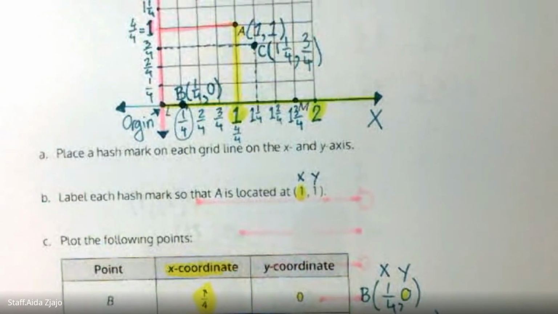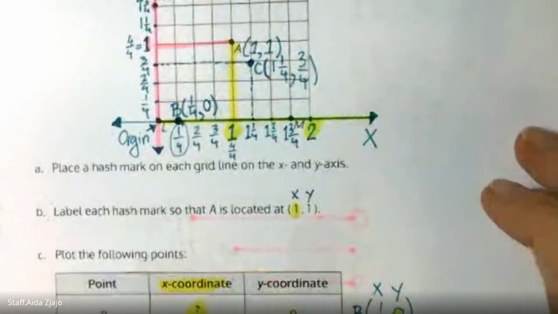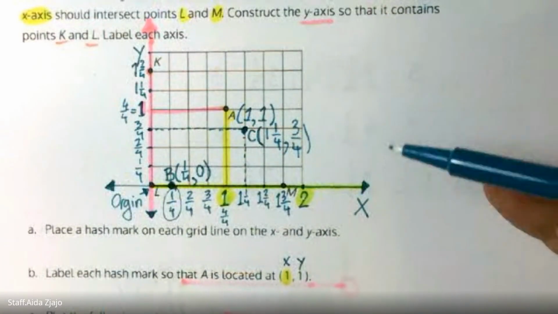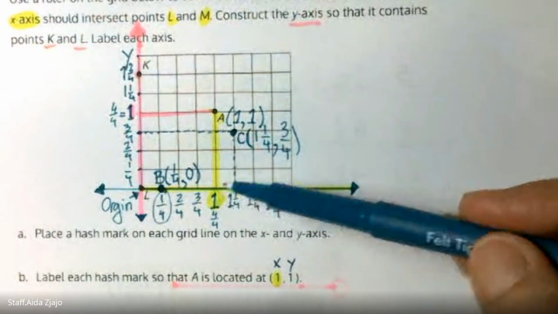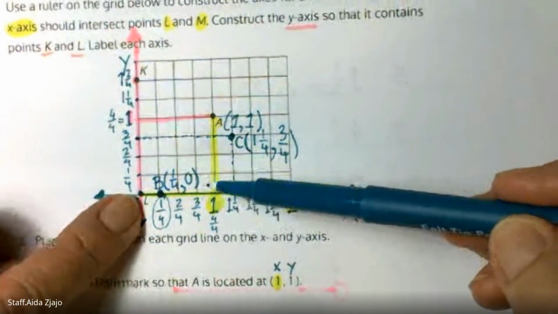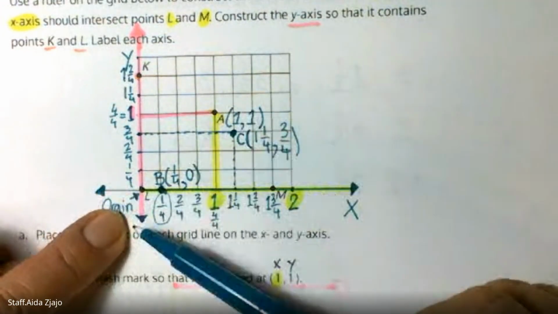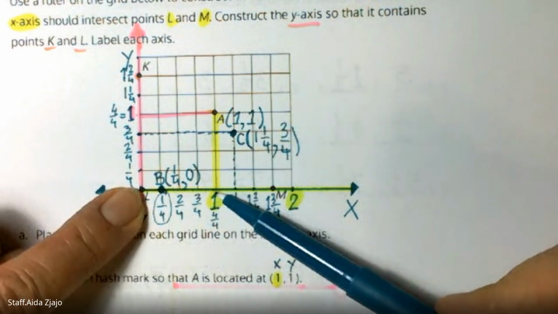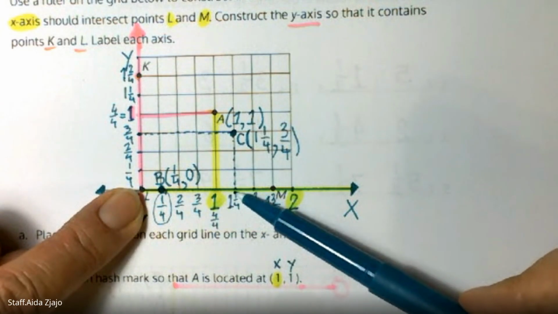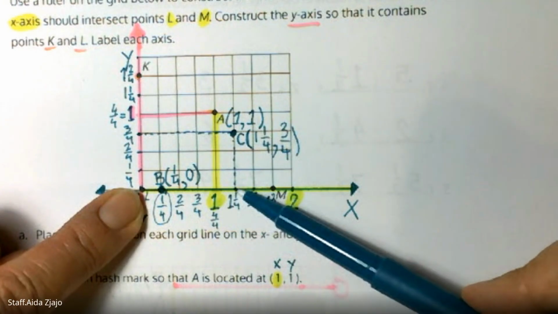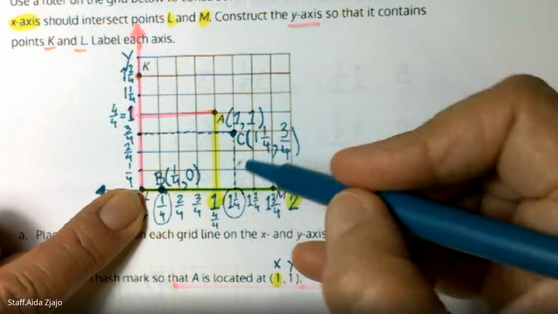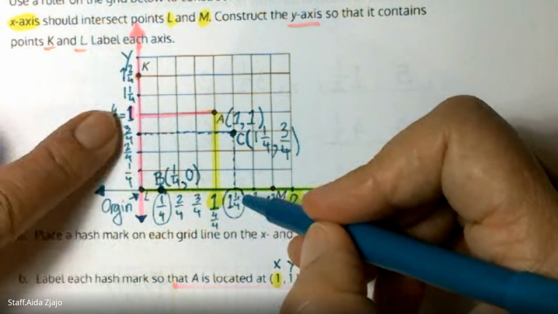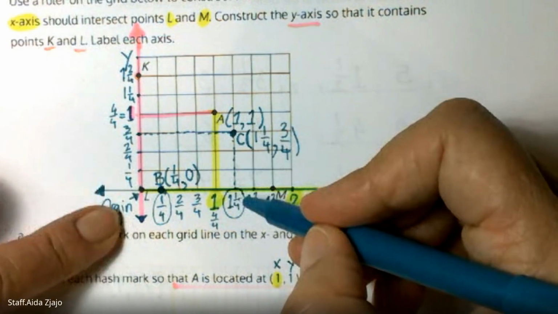Oops, I think you didn't see it, sorry, I messed up. I will redo it. My coordinate for C was 1 and 1/4 for x. I start at the origin, go to 1, and then one more part is 1 and 1/4. So my x is 1 and 1/4. But now I have a coordinate for y as well, and it's 3/4.